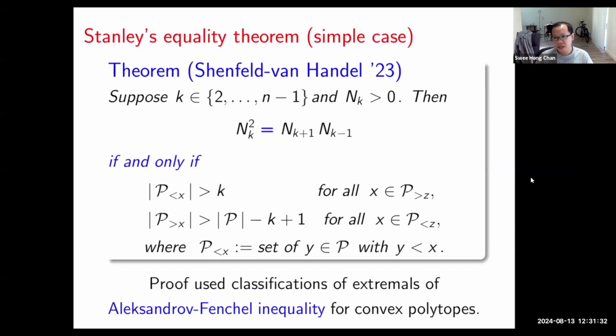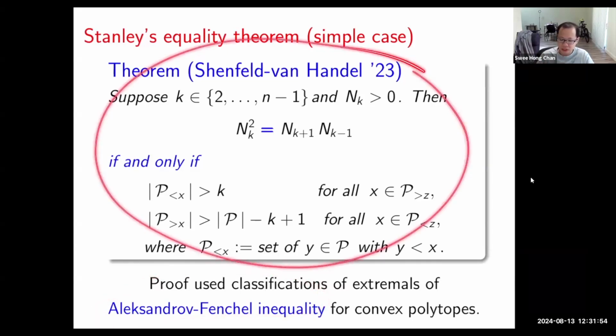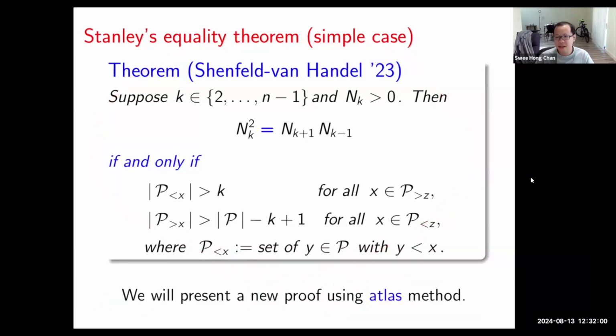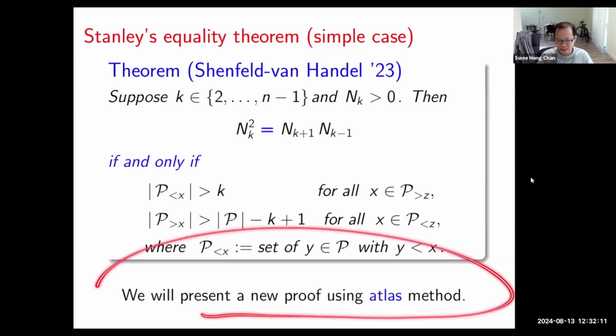What they did is that they first established the equality condition for the general Alexandrov-Fenchel inequality for convex polytopes. And after they spent a very long, like a 60 pages paper, to prove this, at the end they apply their theory to get the equality condition for Stanley's inequality. And our goal today is to give a new proof that is a bit simpler, a bit more combinatorial. That maybe does not require 50 pages, but maybe like 5 pages, or maybe 5 slides. Okay, that is what we are going to do next.